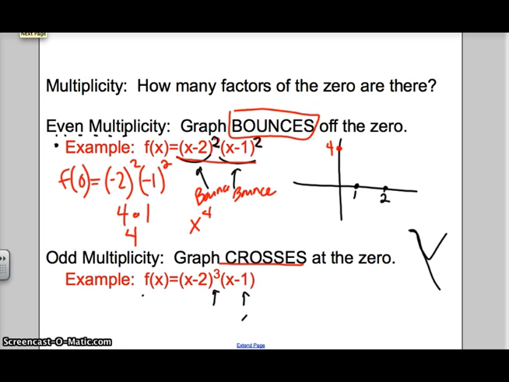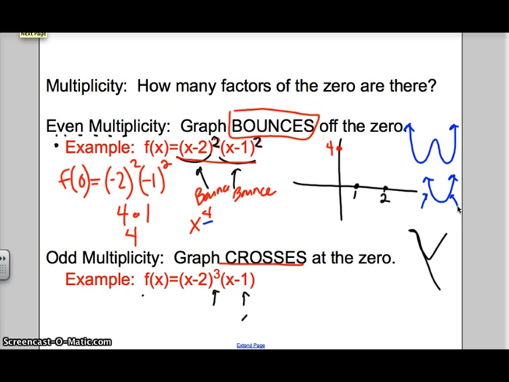I know it's going to cross those 3 points that I have graphed over here. The second thing that I know is that it's going to end going up. And since it's to the 4th power, it could potentially look like this, or maybe it looks more like a quadratic like that. But I know that it's going to start and end going up.